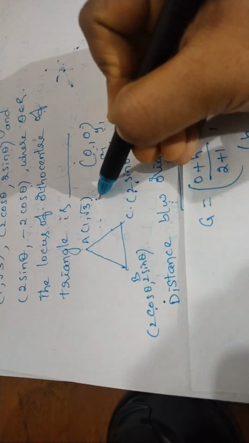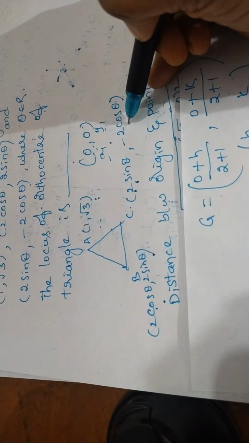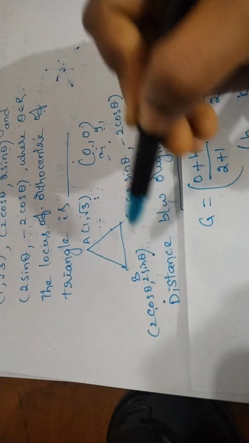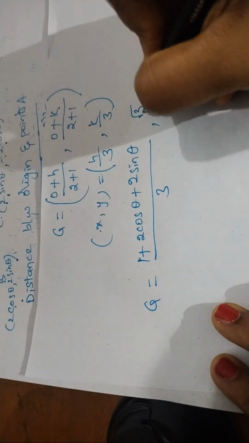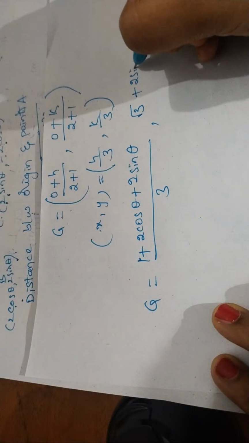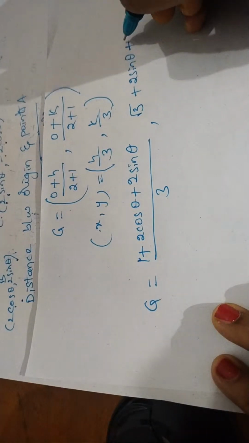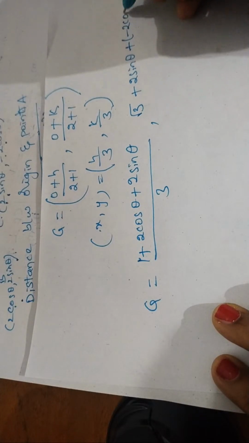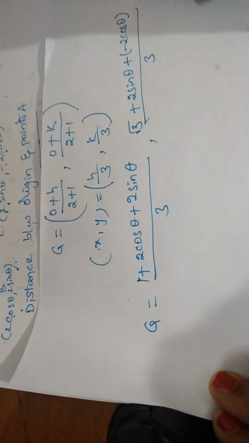Here y1 is root 3, y2 is 2 sin theta, y3 is minus 2 cos theta. So y1 plus y2 plus y3 is root 3 plus 2 sin theta minus 2 cos theta, divided by 3.